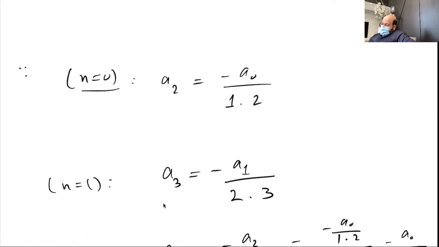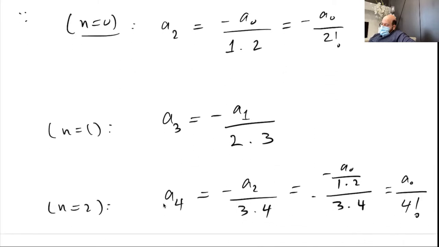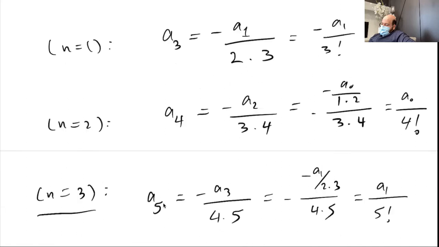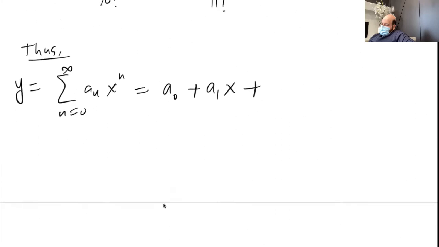But then a2 was minus a0 over 2 factorial, a3 was minus a1 over 3 factorial, and so on. So minus a0 over 2 factorial x squared.